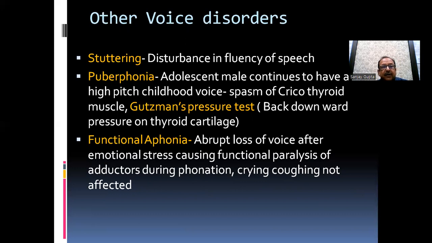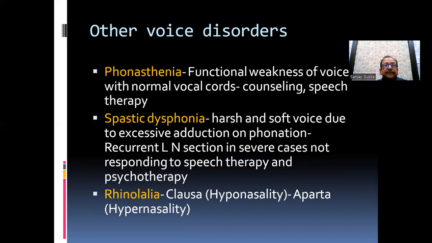In this functional aphonia, crying and coughing is not affected. Then a condition called phonasthenia, in which there is functional weakness of voice with normal vocal cords. Now, these patients are treated by counseling and speech therapy.